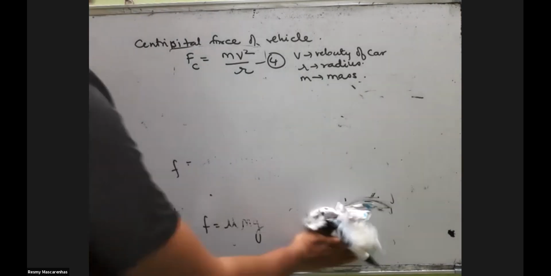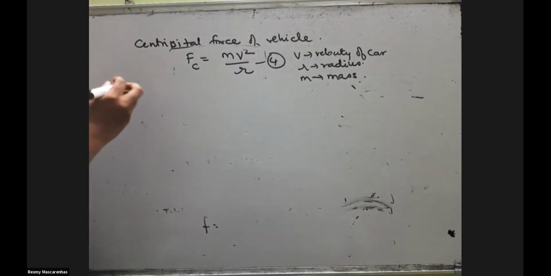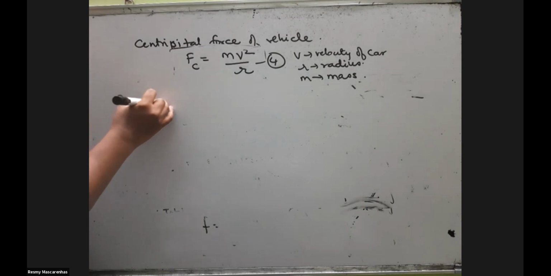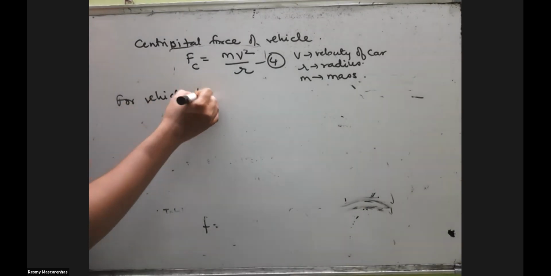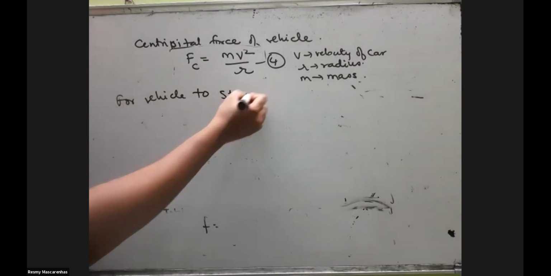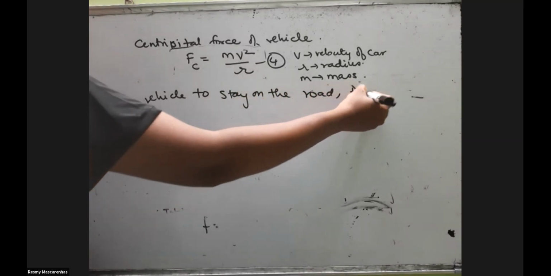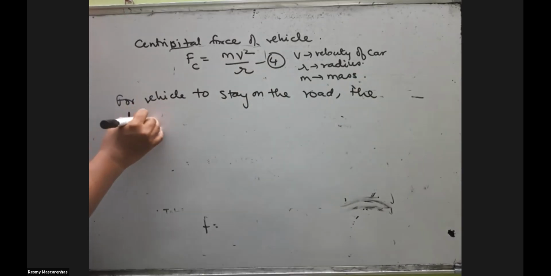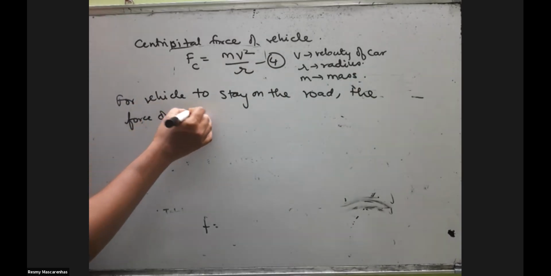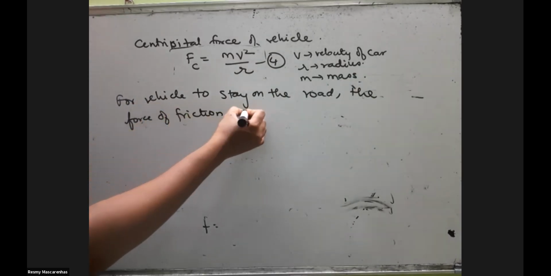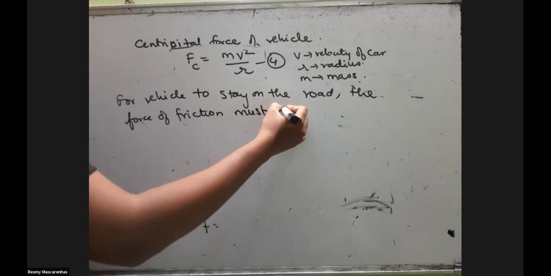So the main condition for the vehicle to stay on the road is that the force of friction must be either equal to or greater than that.